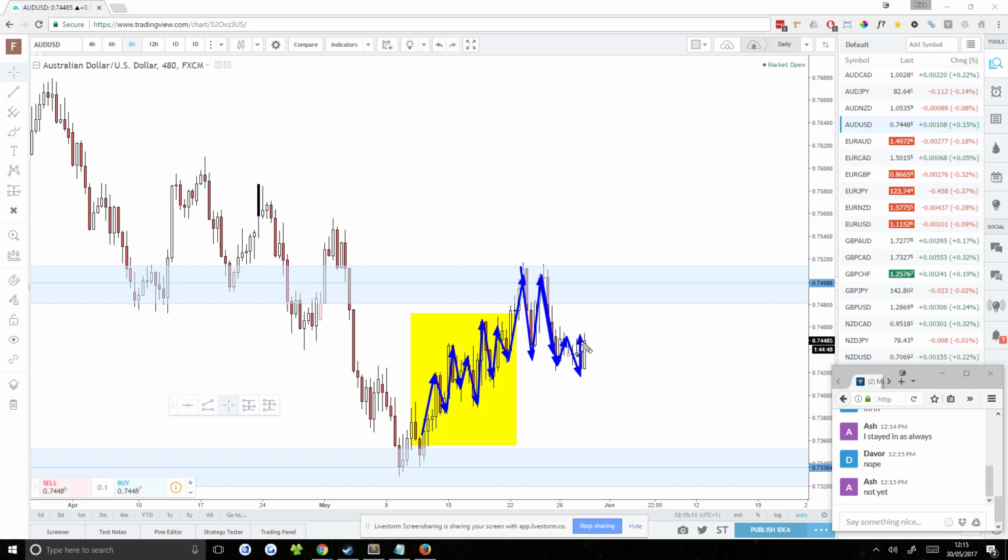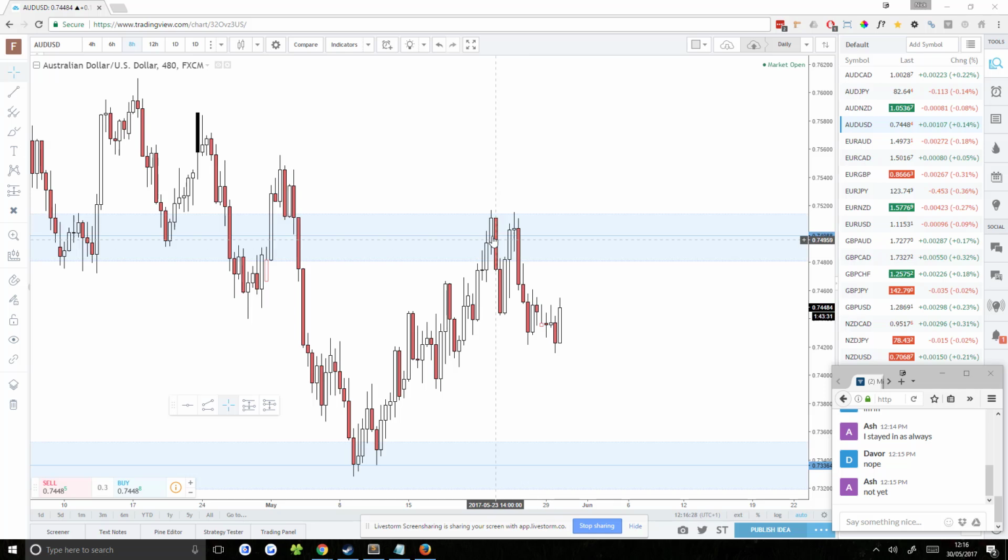It's just going to be very messy. It might go down to your target, but it's going to take some time. So it's just playing out as predicted, really. So you still may as well hold. It's a very, very messy trade, but it still has a good chance of heading towards your target.